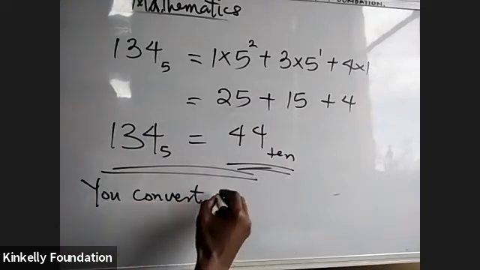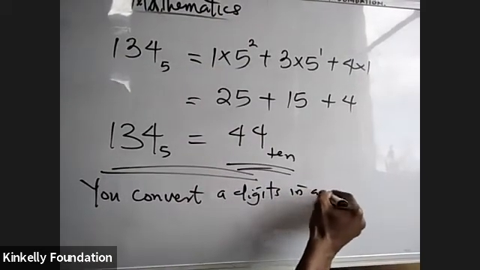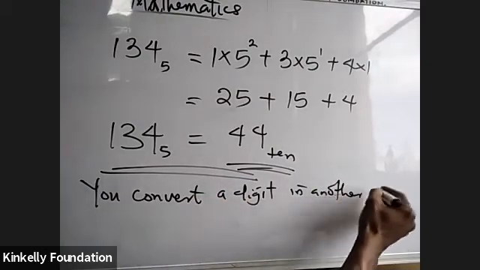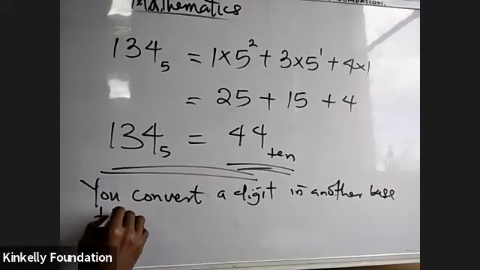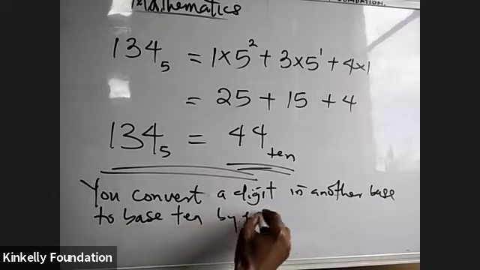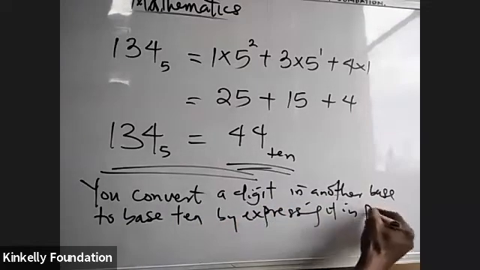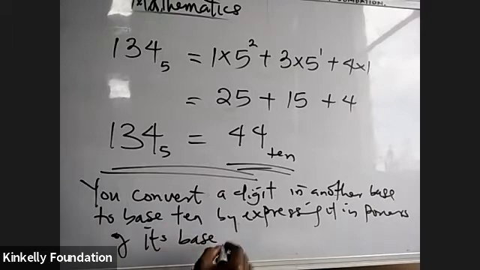You convert a digit or digits in another base to base 10 by expressing it in powers of its base.